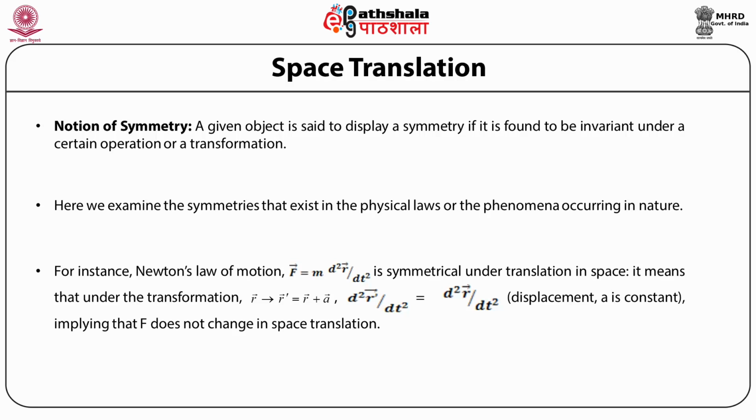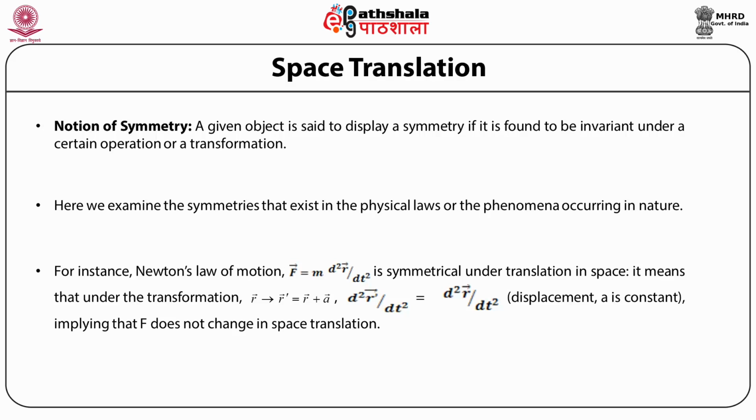then the corresponding acceleration given by the double derivative of vector r prime with respect to time turns out to be equal to the double derivative with respect to time of the vector r plus vector a, and this turns out to be equal to the double derivative with respect to time of the vector r, since a remains constant in time, that is the displacement a is constant in time.